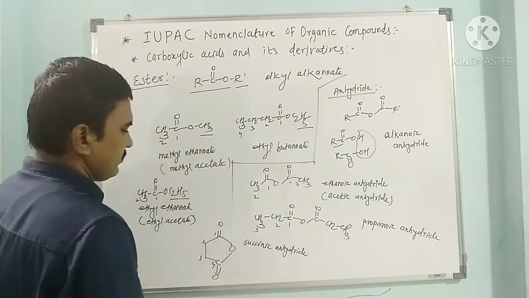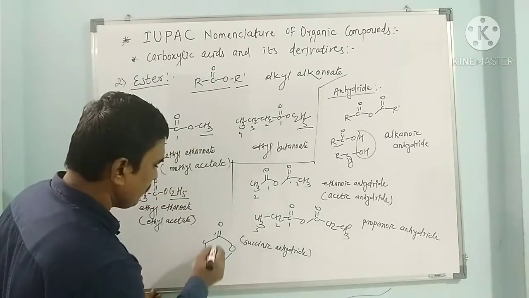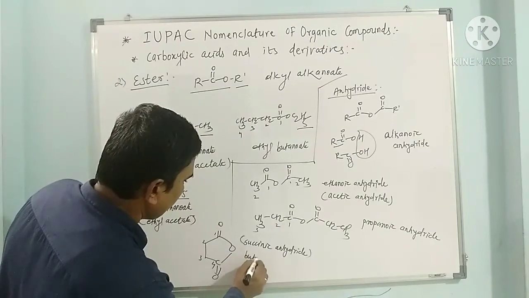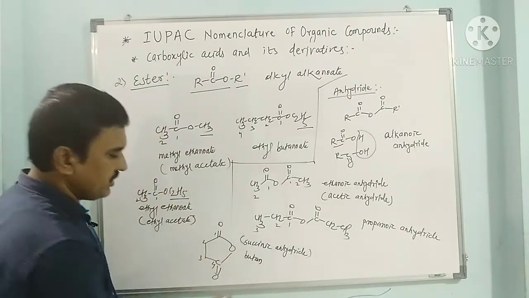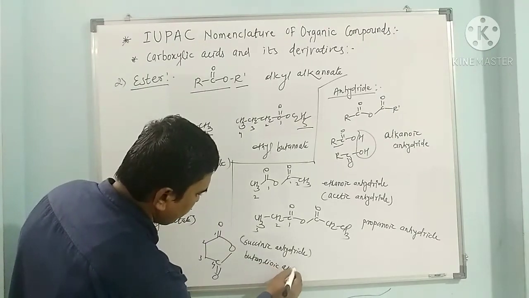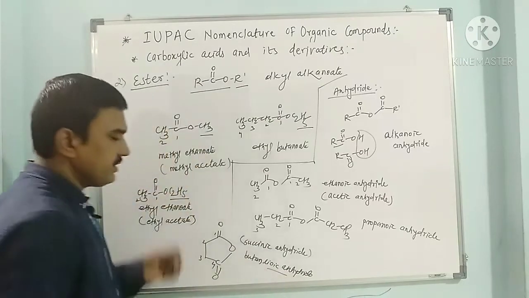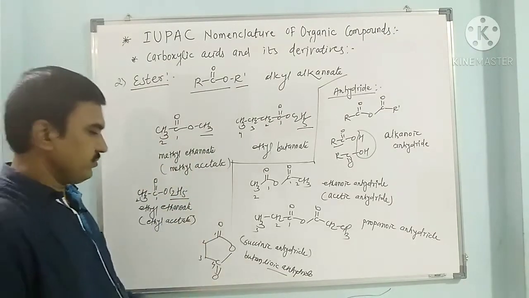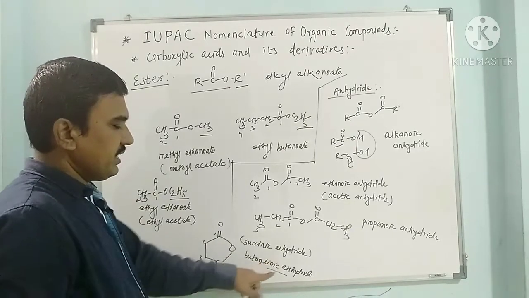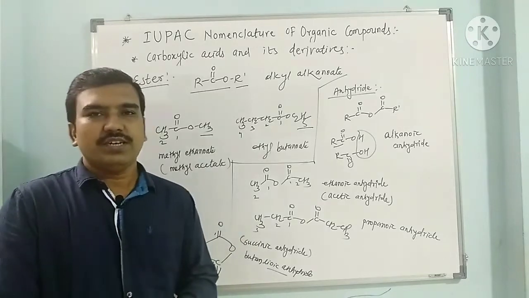Because of 4 carbons it is butane, butanedioic anhydride. This dioic anhydride indicates it is a cyclic compound. So this is called succinic anhydride or butanedioic anhydride. In this way anhydride compounds are named.